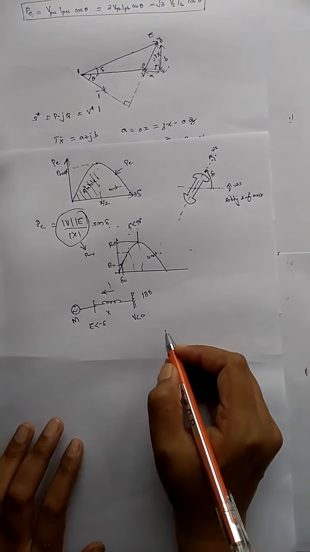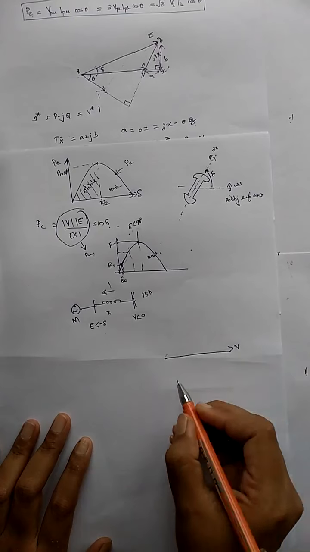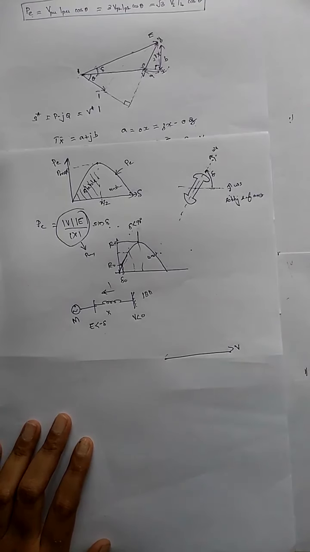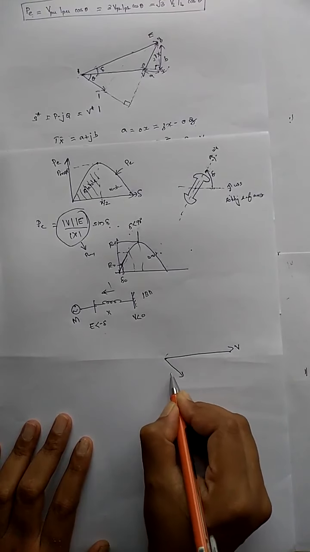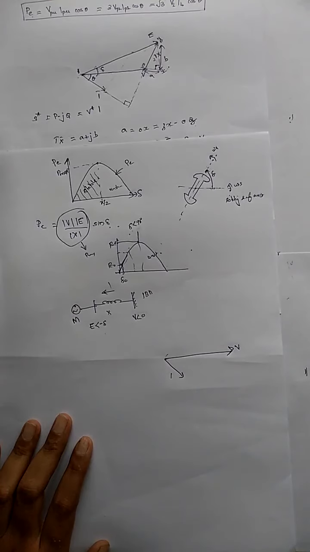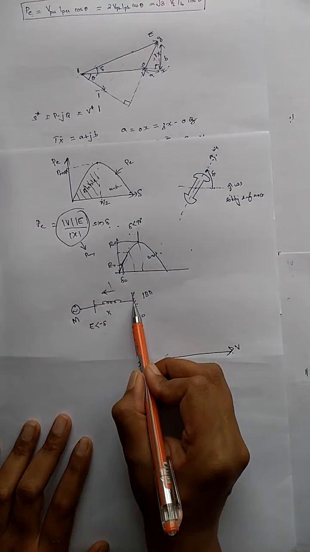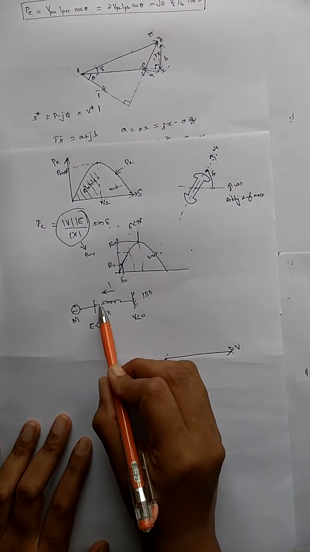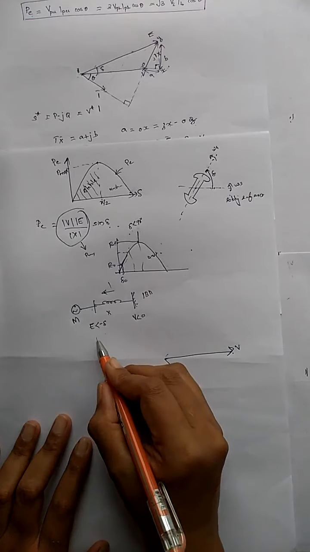While drawing our curve, this is my reference V, and now I have to draw the current. The system is lagging itself, so this is my current. This voltage minus this will give the voltage here, so it should be minus jX.